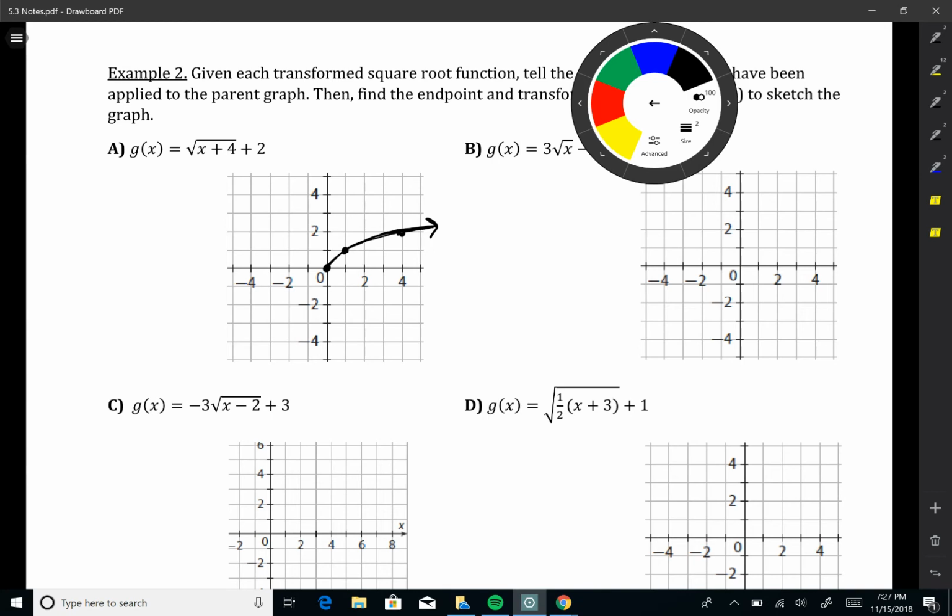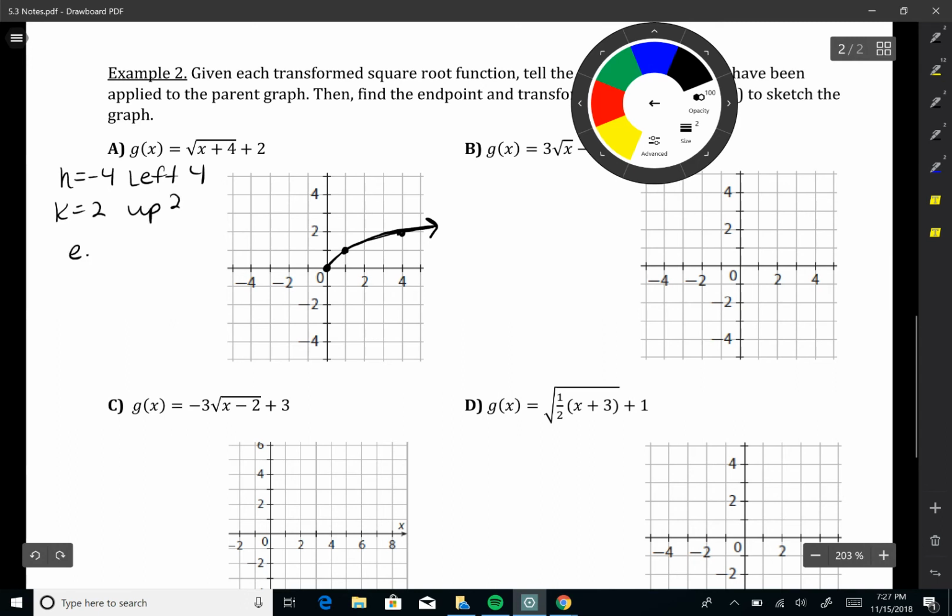In letter A, we have g of x equals the positive square root of x plus 4, then plus 2. So I have x plus 4, which means my h value is negative 4, and I am moving left 4. My k value is positive 2, and that's up 2. So my endpoint is at the point negative 4, positive 2.